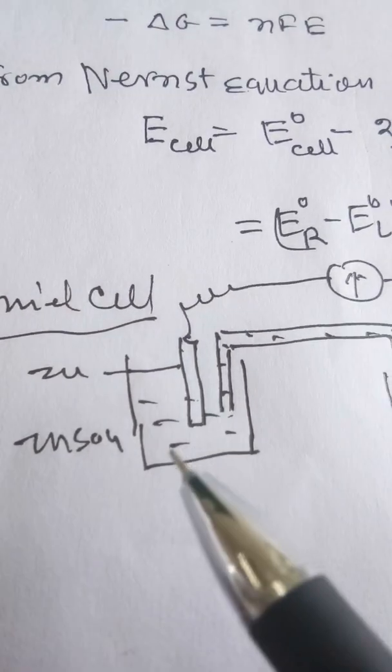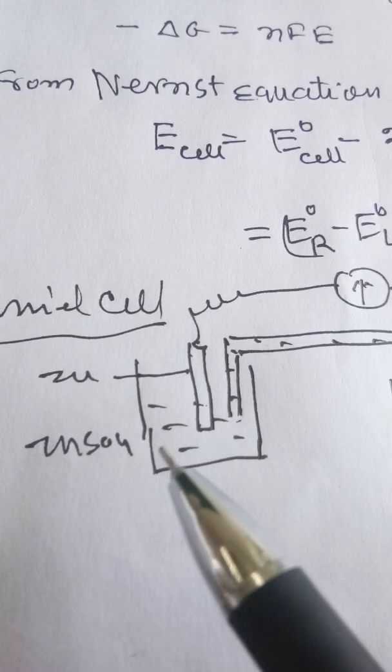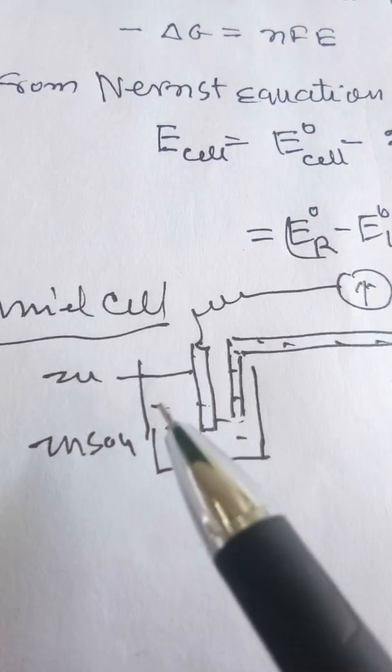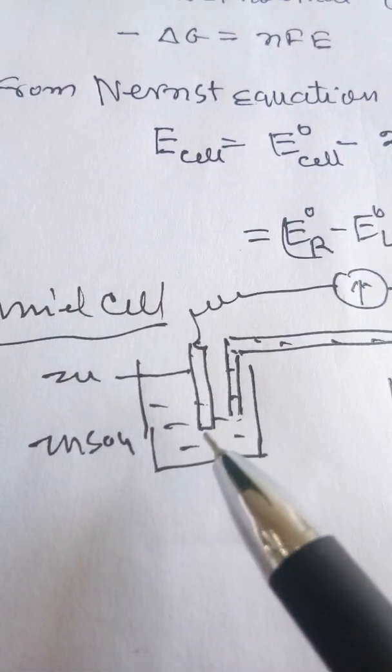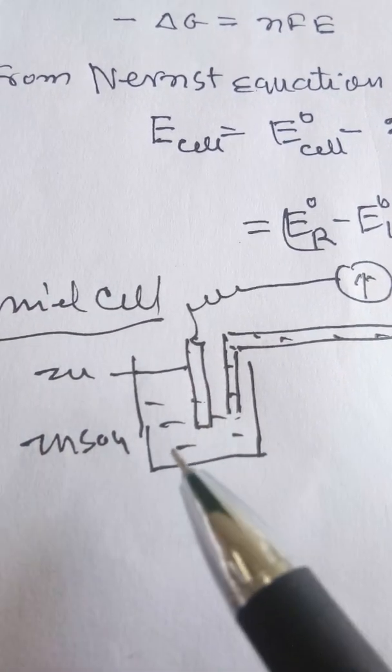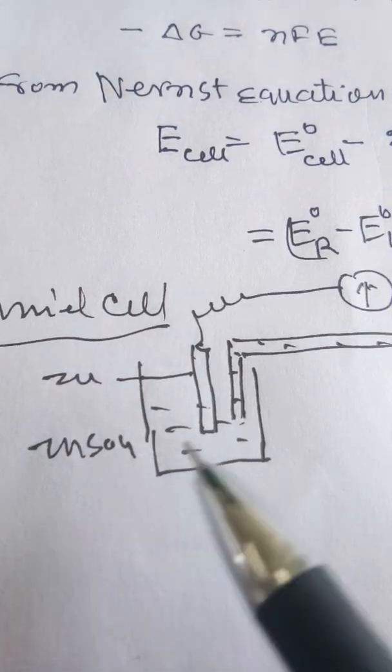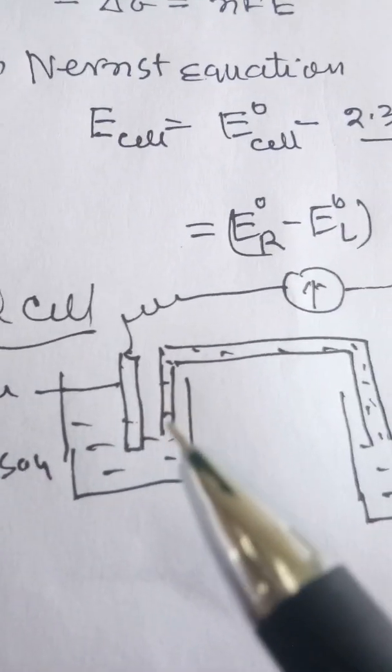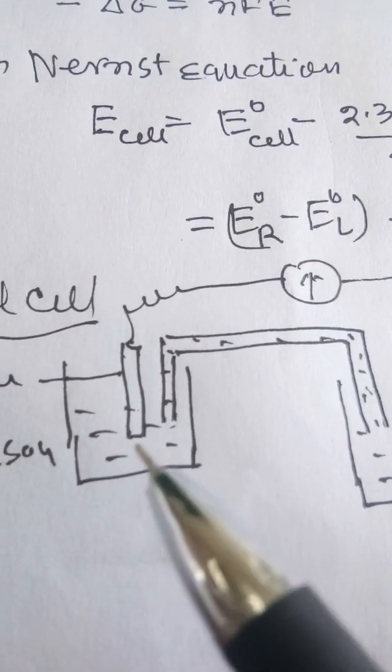There is a zinc sulfate solution in which zinc ions are present. If we put a zinc rod in the solution, the zinc rod is in contact with the zinc ion and therefore potential will be developed.